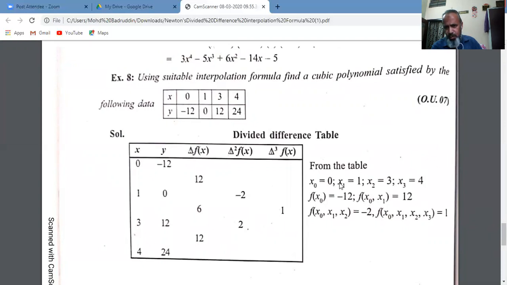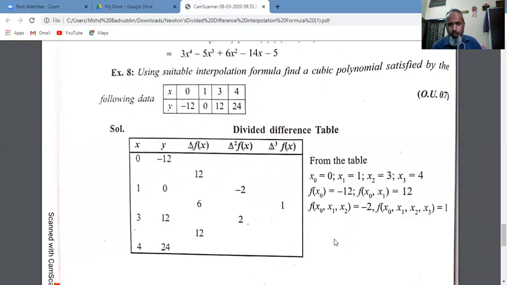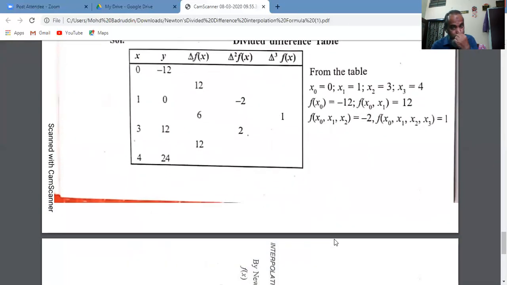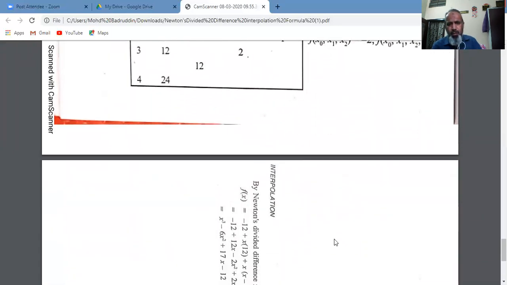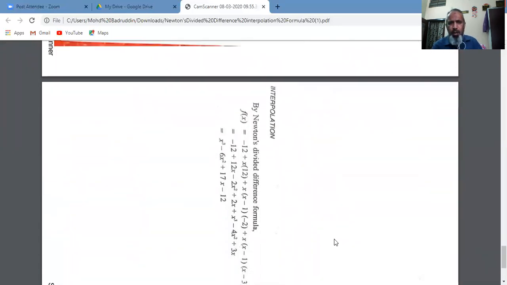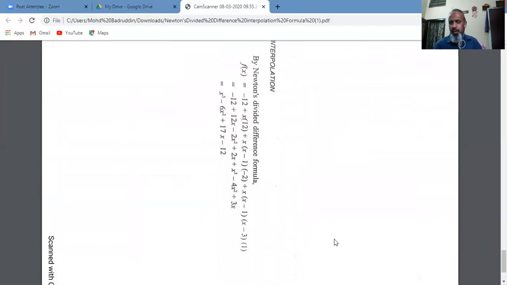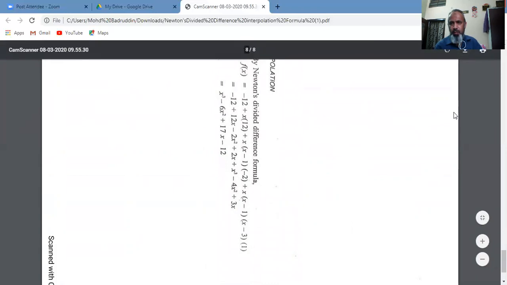We have x naught is equal to 0, x1 is equal to 1, x2 is equal to 3, x3 is equal to 4, and this is the value of f of x naught, this is the value of f of x naught x1, this is the value of f of x naught x1 x2, and this is the third divided difference f of x naught x1 x2 x3. So, after constructing the table, we can use the divided difference formula and substitute the values. We get the corresponding function value.